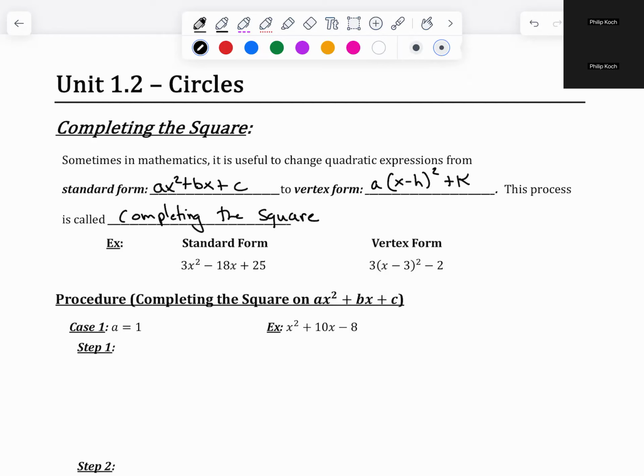So I've got an example of it. If you want to go from standard form to vertex form, you complete the square. And if you want to go from vertex form to standard form, you simplify.